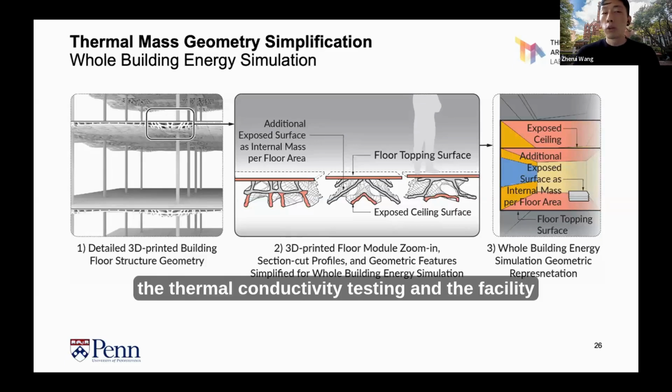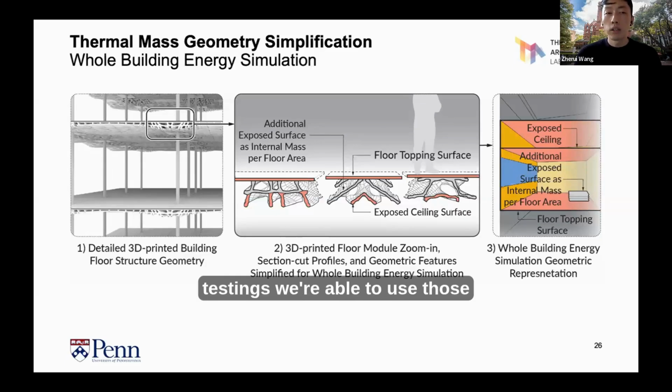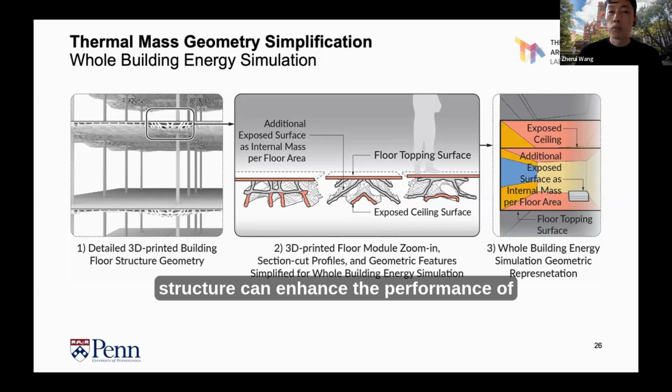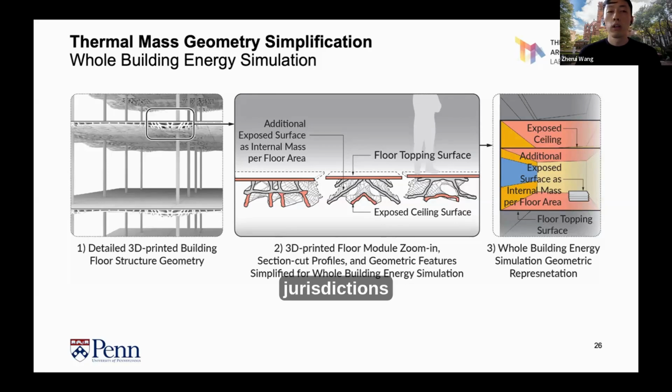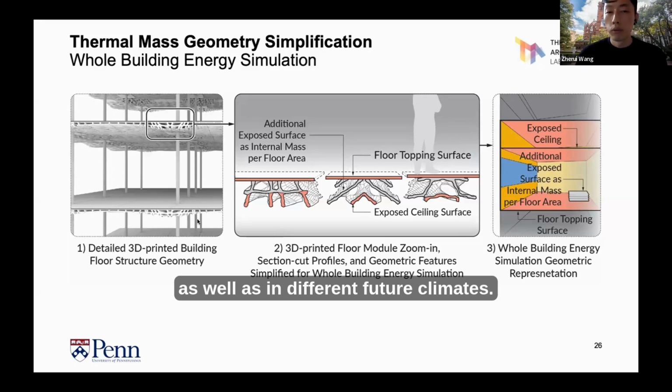So with the thermal conductivity and diffusivity testing, we're able to use those results as input to our whole building energy models. So we understand how carbon absorbing concrete when used as building structure can enhance the performance of buildings in different climates and in different jurisdictions, as well as in different future climates.